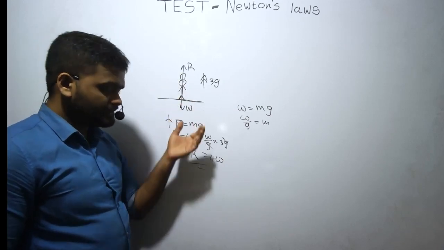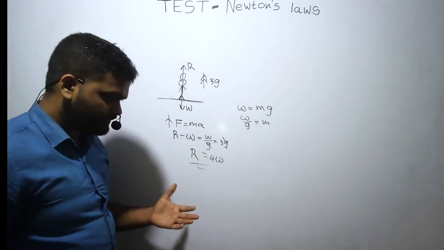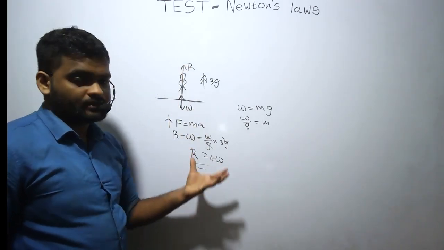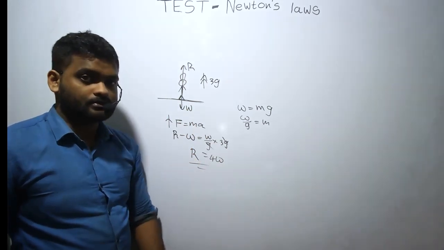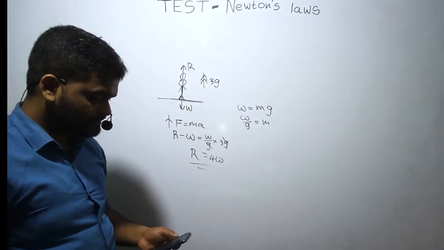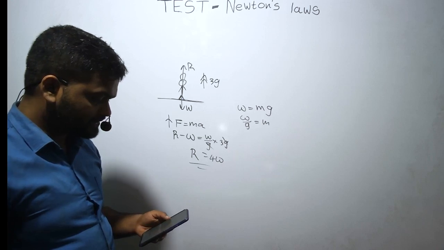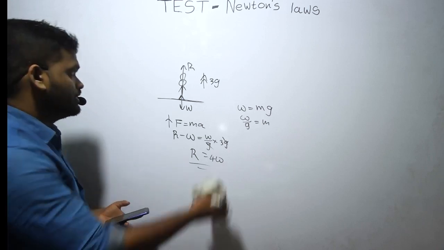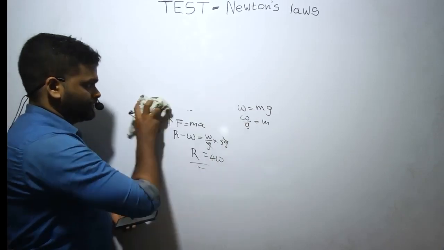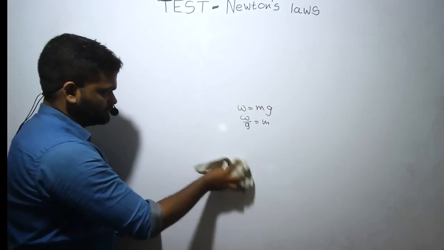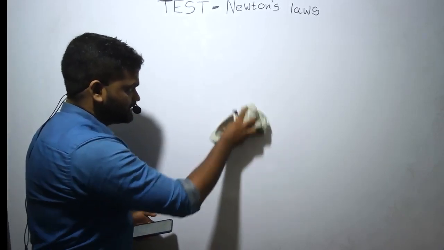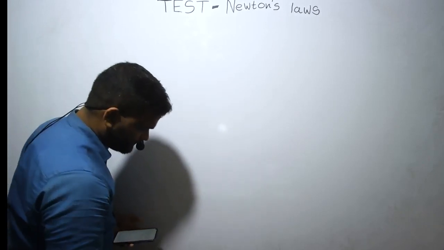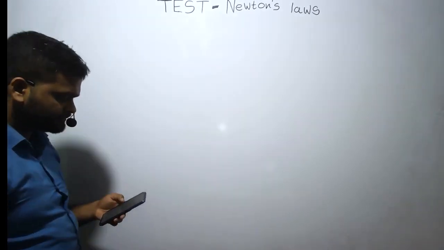But at the moment he lands, to stop the man, there's a higher normal reaction force acting on the man, equal to 4W. So you have to understand these concepts, not just apply equations, right? If you understand the theory correctly, you will get the answer to any complicated question.